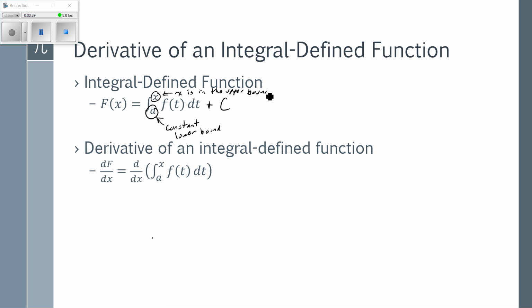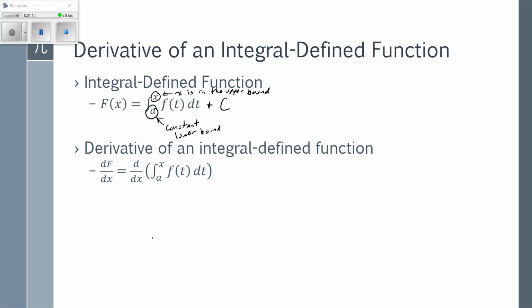I'm phrasing it that way on purpose because it could be something more than just an x up there. It could be x squared. It could be sine of x. It could be x to the fifth plus 3x squared plus the natural log of x. X just needs to be in the upper bound, constant lower bound.